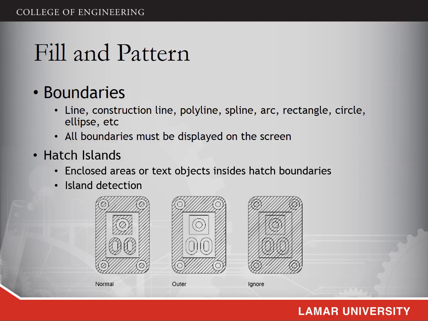For the second method, auto island detection. Under this method, only the islands immediately associated with the most outside boundary will be filled with the pattern. For the last method, ignore island detection. With this method, all the islands defined by the boundary will be selected to fill the pattern.